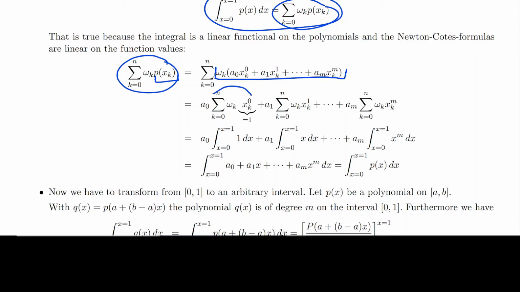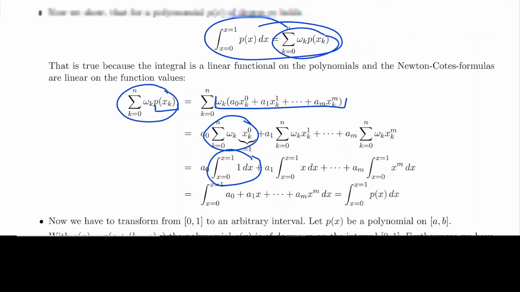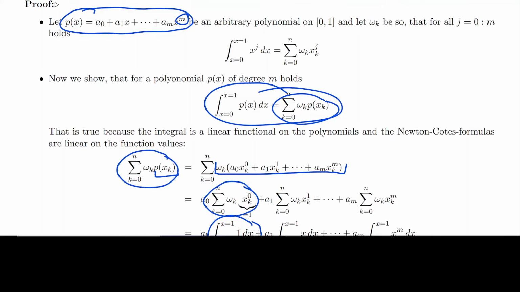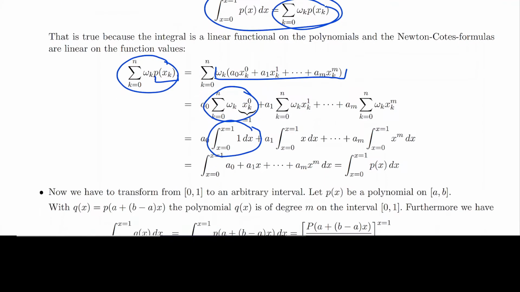Now, because we know that it's correct for all monomials, we can write it as this integral, and something to the 0th power is 1. So okay, we have that, and this is that.